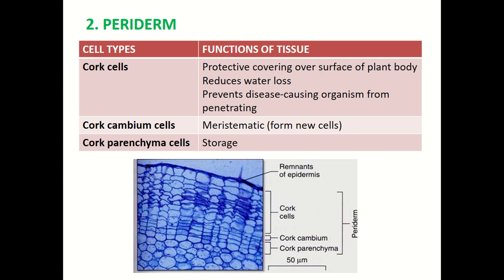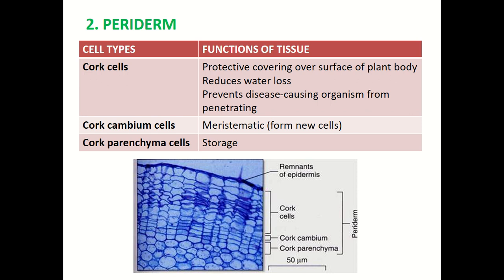The next type of dermal tissue is periderm. Periderm includes the cork cell, cork cambium cell, and cork parenchyma cell. For the cork cell, as you can see here, just below the epidermis, the cork cells provide protection that covers the surface of the plant body.